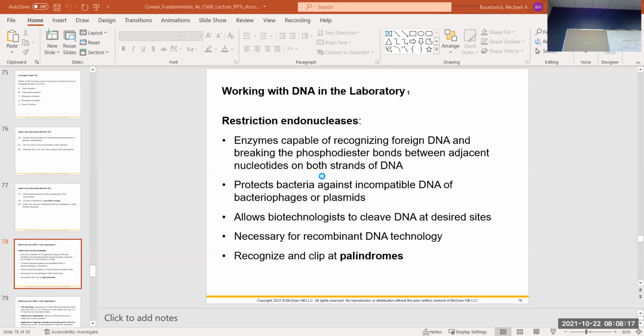Now, because sequences will vary between different strains of bacteria, when you cut them with different restriction endonucleases, you'll get restriction fragments that vary in size. We call those differences in the size of the restriction fragments restriction fragment length polymorphisms.